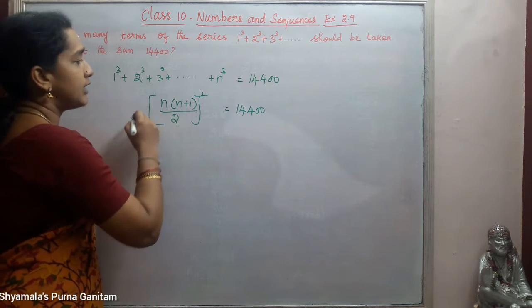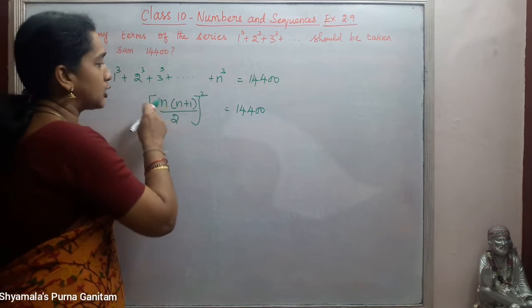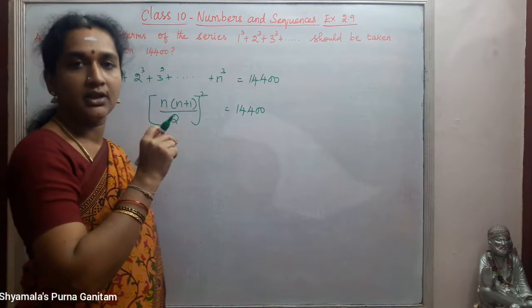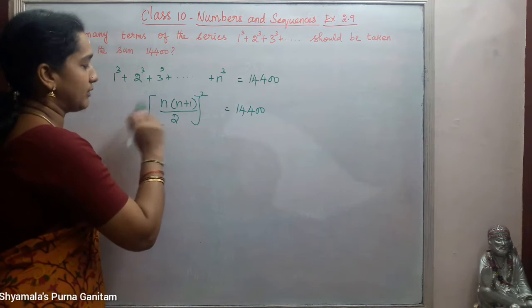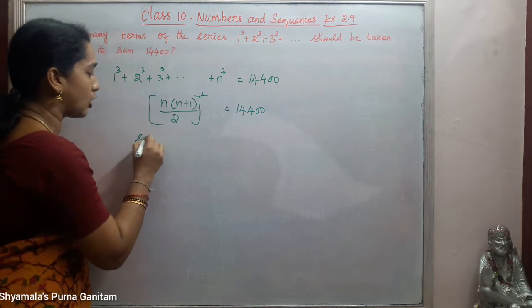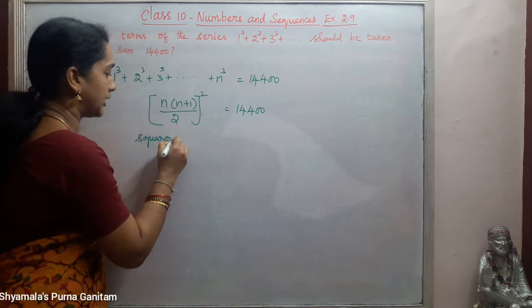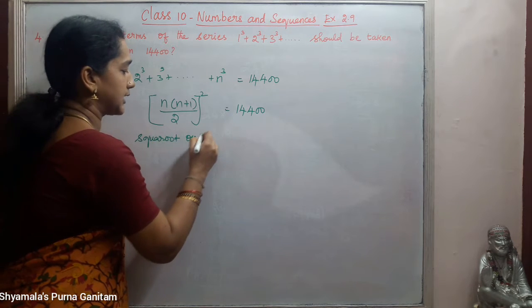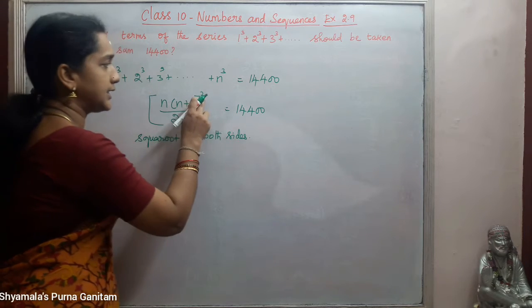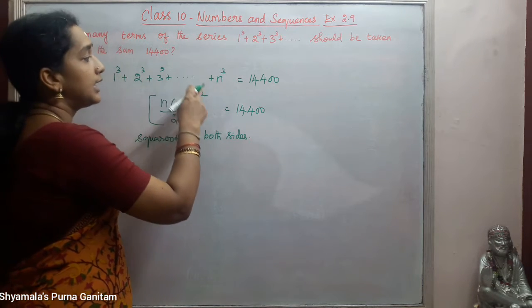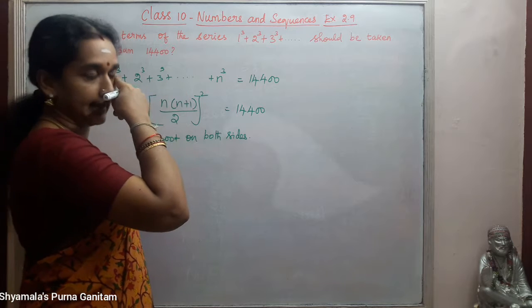Okay, so we are asked to find the value for this n. When we find the square root on both sides, the square and the square root will get cancelled.